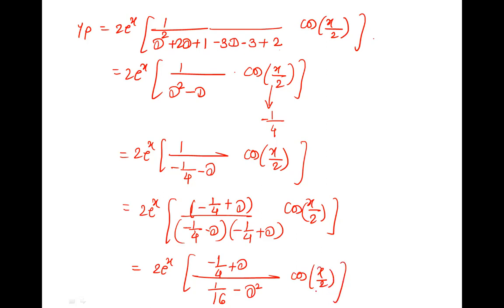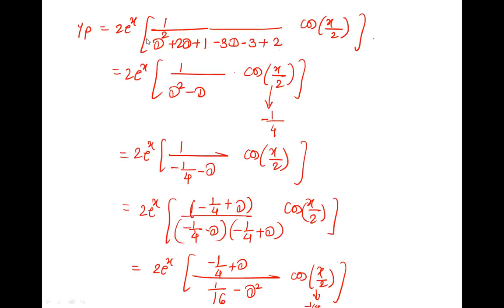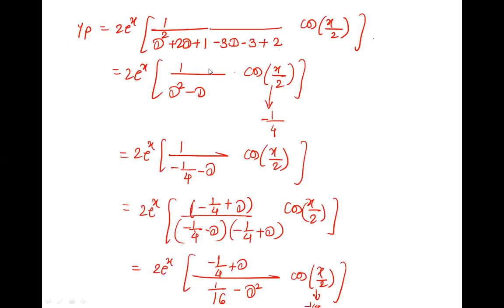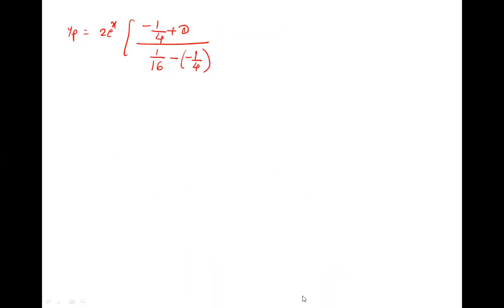Once again, there is D squared and that D squared will be replaced by minus 1 by 4. Do that. So it is 2 e raised to x into minus 1 by 4 plus D, upon 1 by 16 minus D squared, where D squared is minus 1 by 4, on cos x by 2.